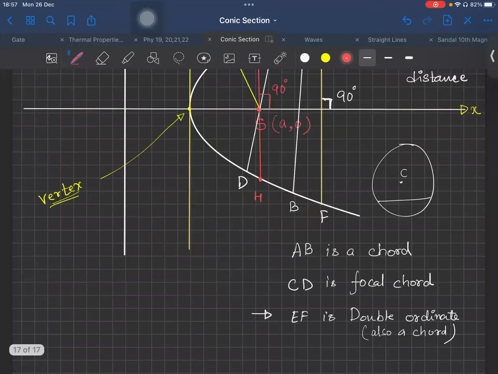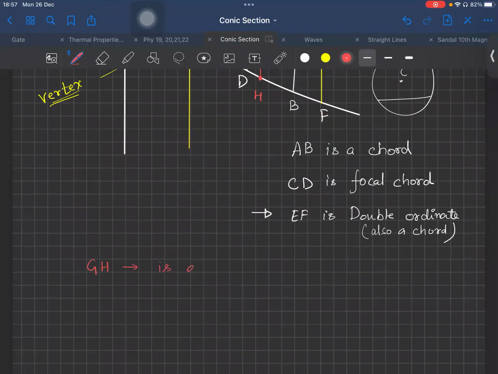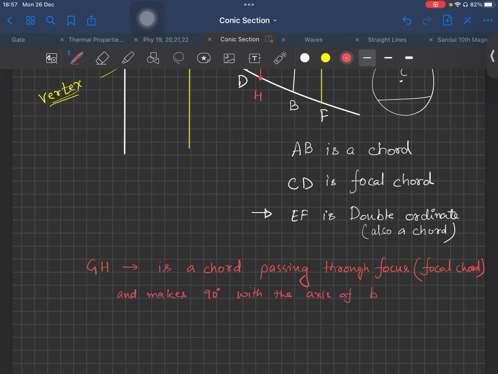So GH is a chord passing through the focus, so it is called a focal chord, and it makes 90 degrees with the axis of the parabola.